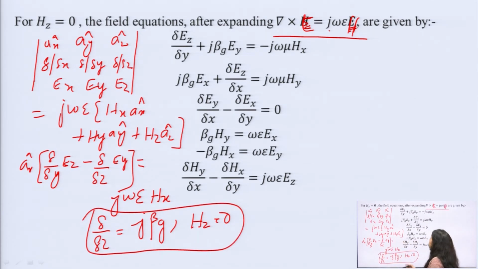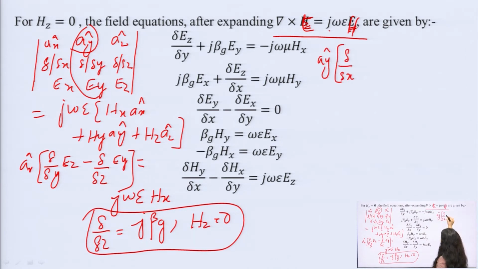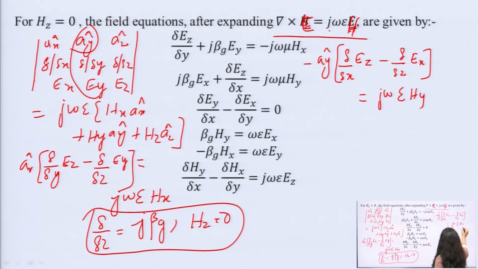Then I will take the y component: del upon del z of Ex minus del upon del x of Ez is equal to j omega mu Hy ay.